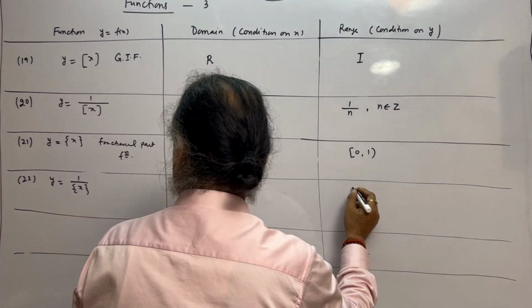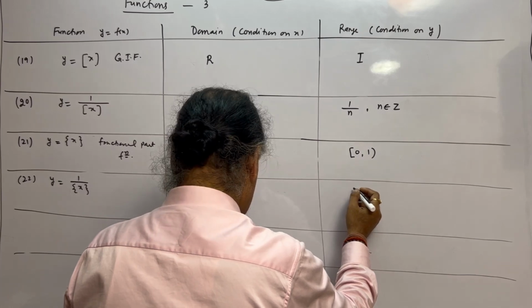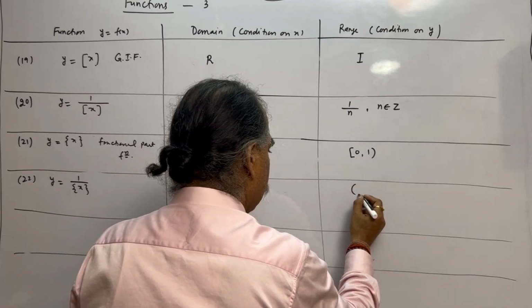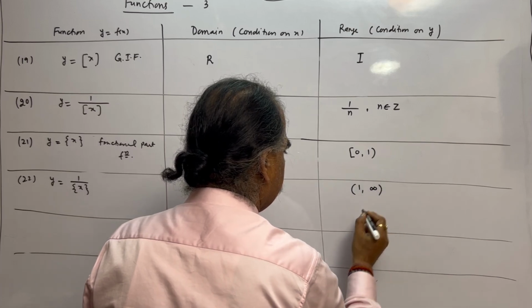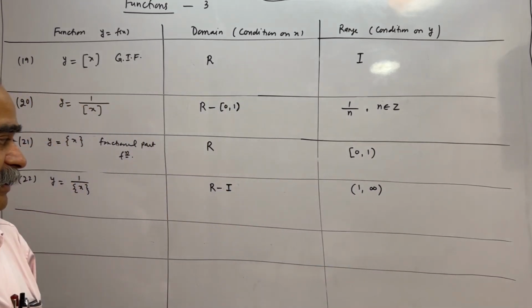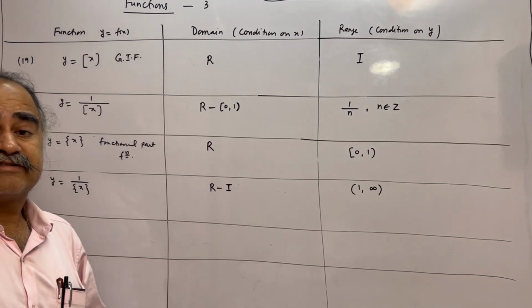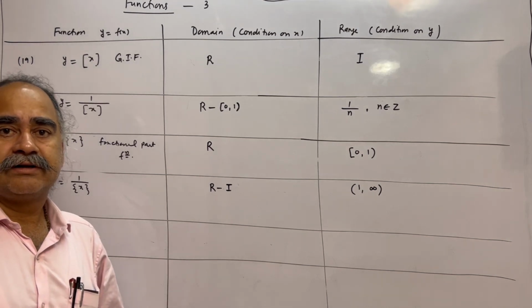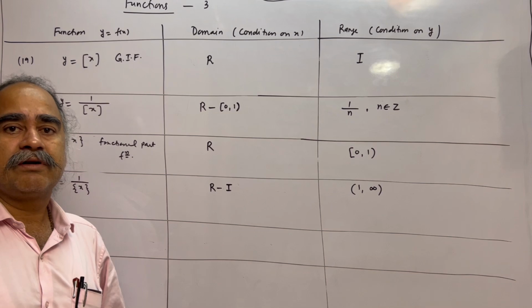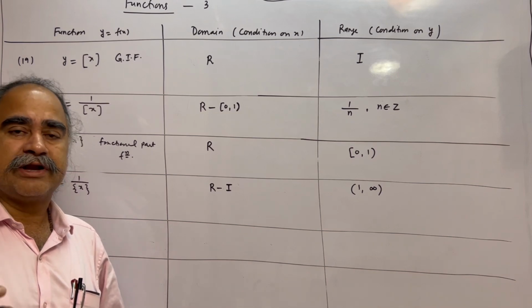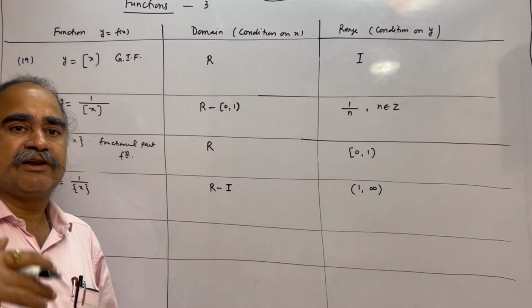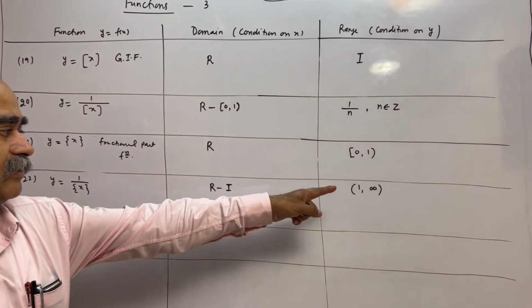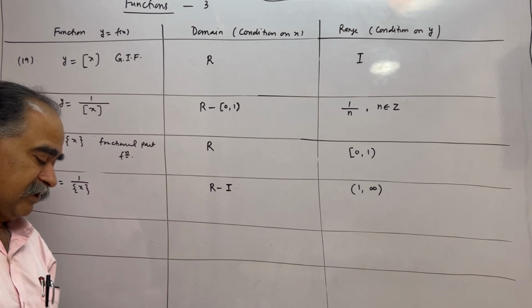And range will be what? 1 to infinity. Because if you divide by any decimal number, 1 upon 0.1, 0.2, 0.3, or 1 upon 0.001, then its value will keep on increasing towards positive side, 1 to infinity.